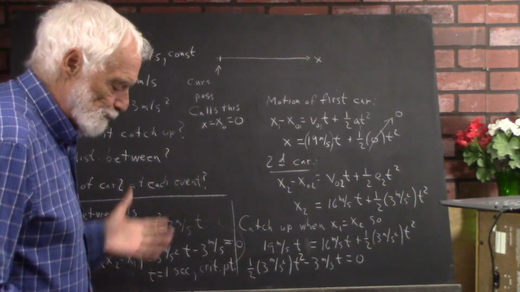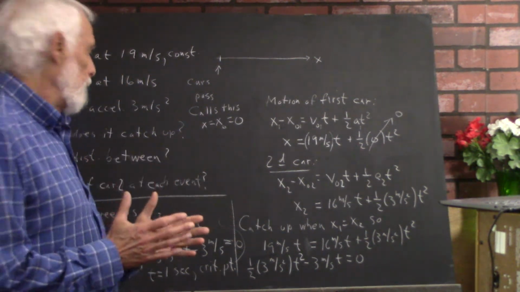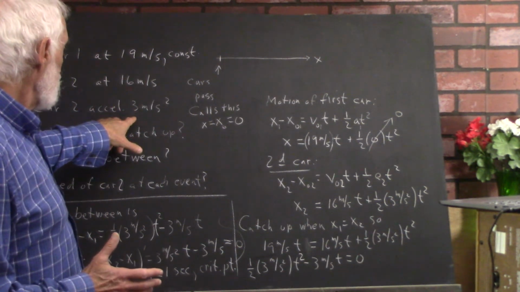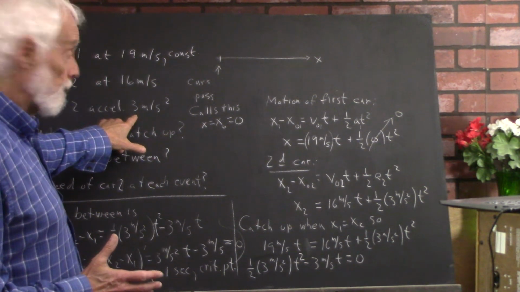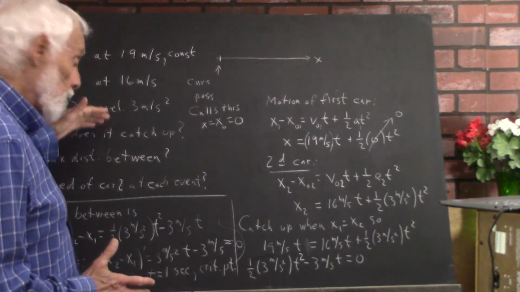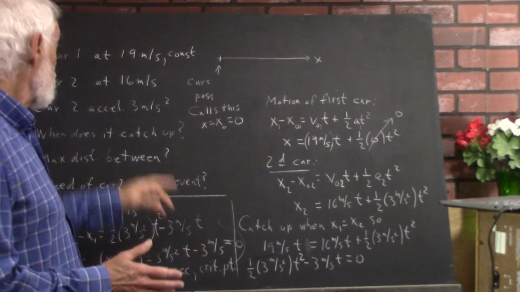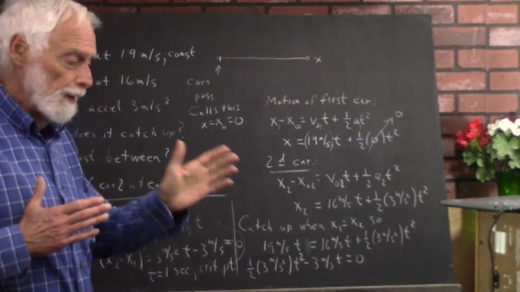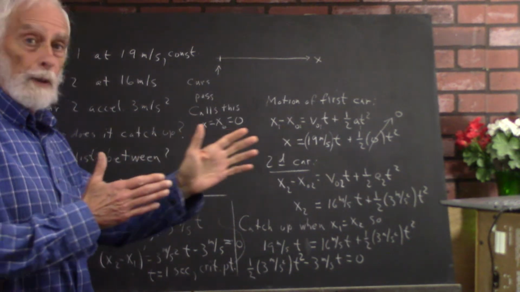Well, if you think about it, the numbers match up real nicely. In 1 second, this car is going to speed up by 3 meters per second, so it's going to match the speed of car 1. Until it matches the speed, it's falling behind.